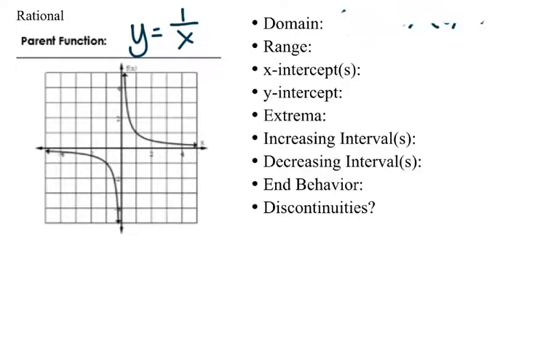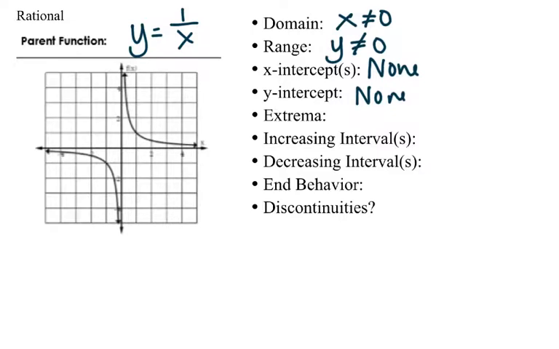But I think an easier way to write that would be x not equal to 0, because it's anything but 0. And then the same thing for the range. I would say y not equal to 0. So I wouldn't even try doing interval notation for that one, and you wouldn't see that on a quiz or a test. You don't have any x-intercepts, and you don't have any y-intercepts.